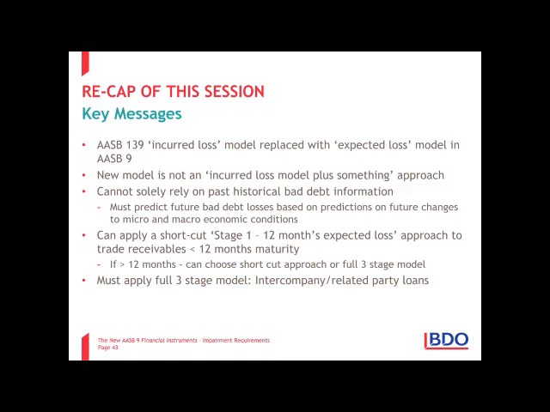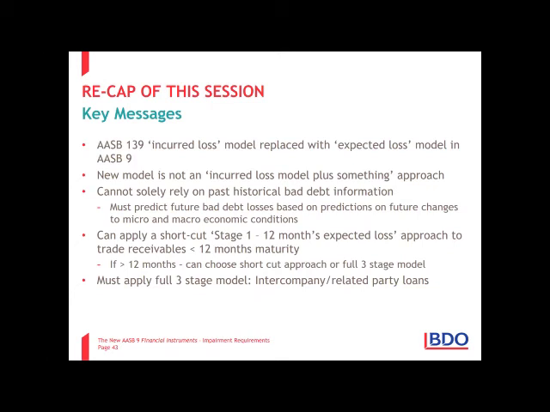We could either use the 3 stages, or you could use a simplified approach for trade receivables. You cannot solely rely on past historical information to come up with this provision. You also have to predict future bad debt losses based on predictions on future changes in micro and macroeconomic conditions.